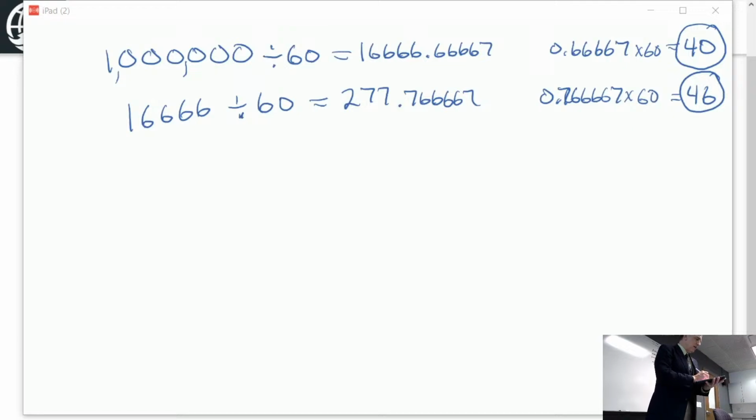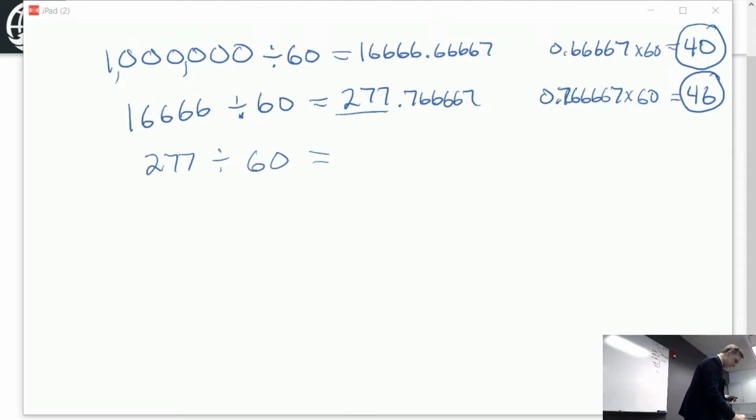And so this here, this 277, I would divide again. Divide by 60. Let's see what I get. I got 4.616667, and I'm going to take 0.61667 times 60.